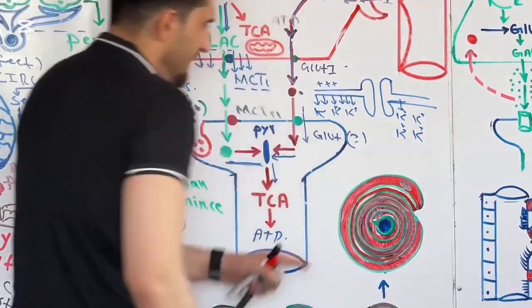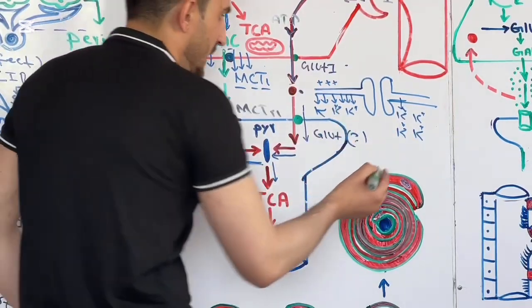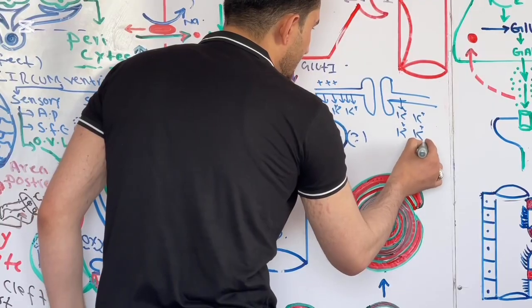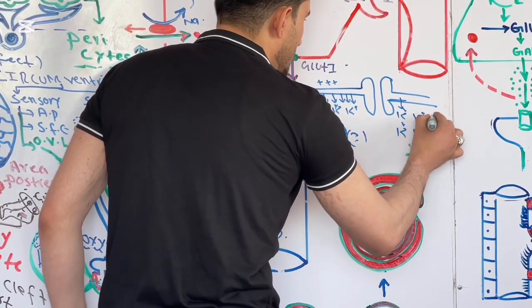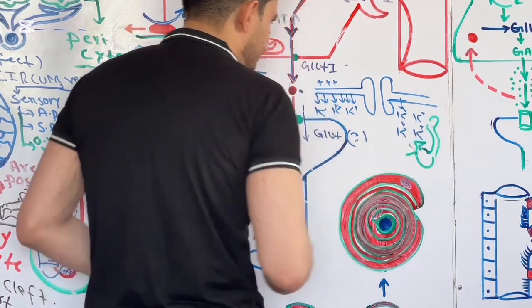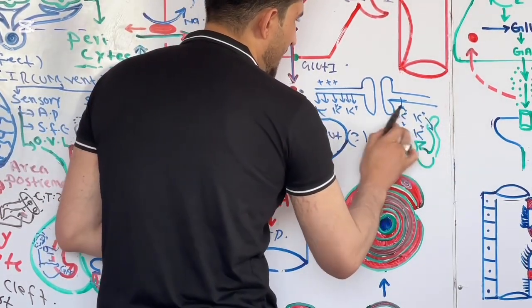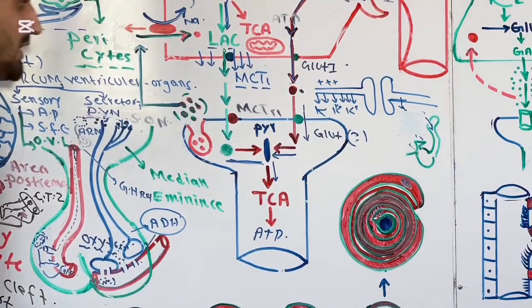When this potassium accumulates so much in the extracellular area, the astrocytes take up these potassium ions. The potassium enters the astrocytes, and the level of potassium in the extracellular area comes down.